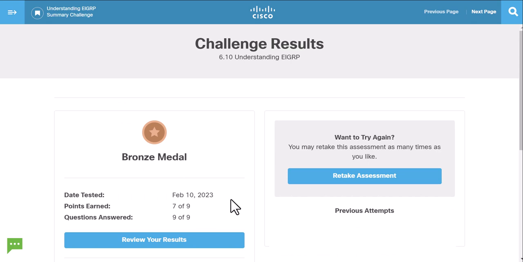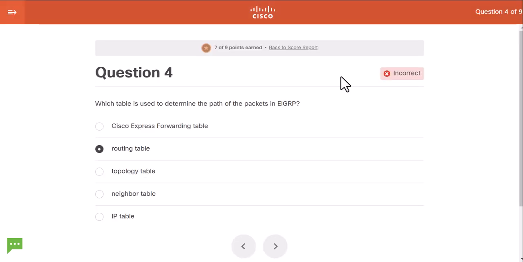Okay, I have 2 mistakes. Let me check that. Okay, there are 2 questions I got wrong, and they are question 4. Which table is used to determine the path of the packets in EIGRP? Maybe I didn't properly understand the question. I thought that the routing table defines that because it directs packets, right?